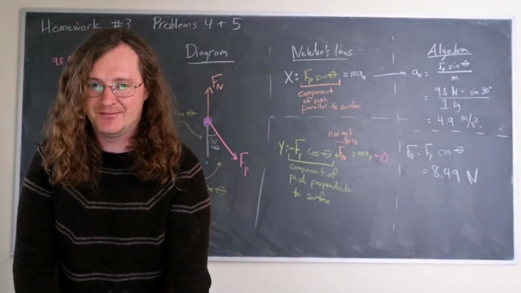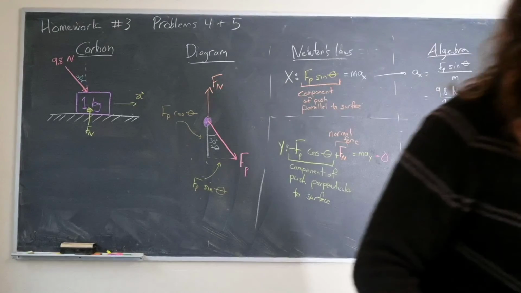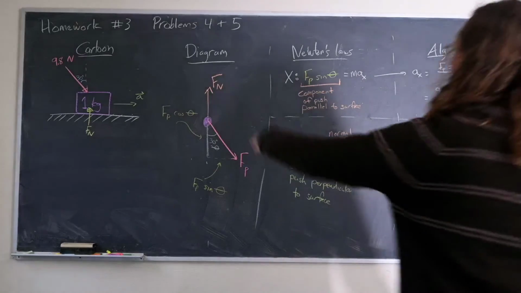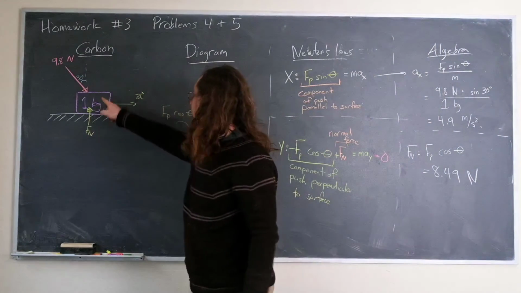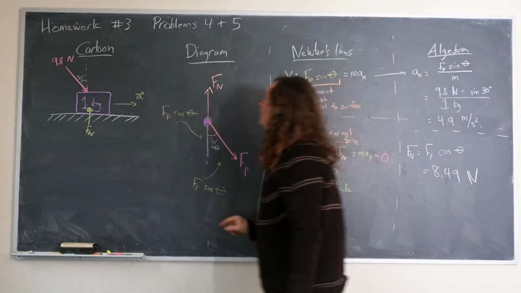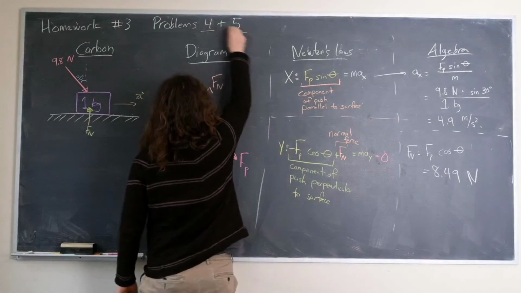How am I going to do that? So you've probably figured out the trick by now. This is just a thing sliding down an inclined plane but tilted, right? 9.8 newtons happens to be the weight of this object here on Earth. So I did problem 4, now I'm going to do problem 5.